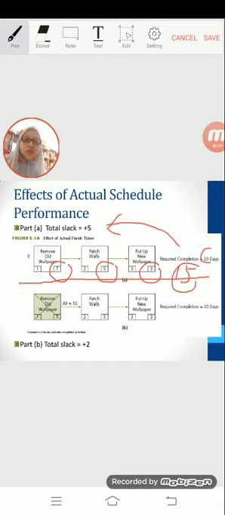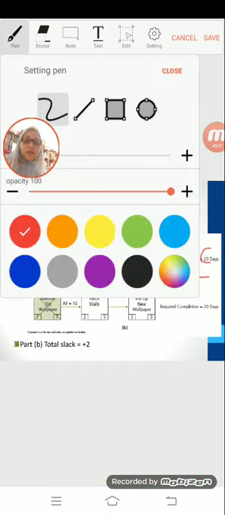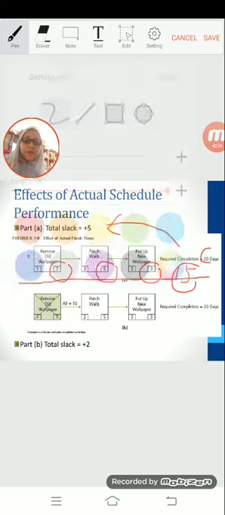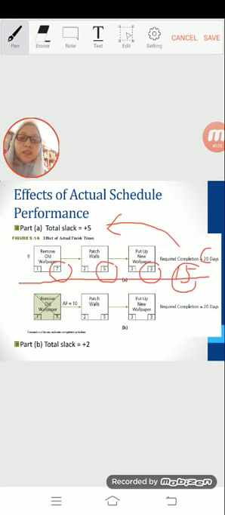Now we look at figure B. In figure B, the actual finish for activity 1 is 10, plus 5 is 15, plus 3 is 18. Yet you still managed to finish before the required completion day.